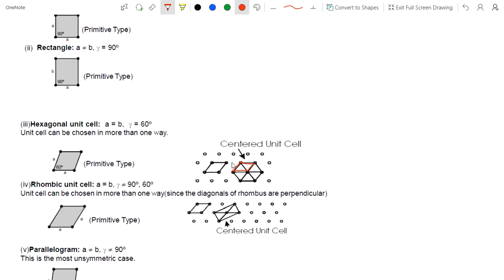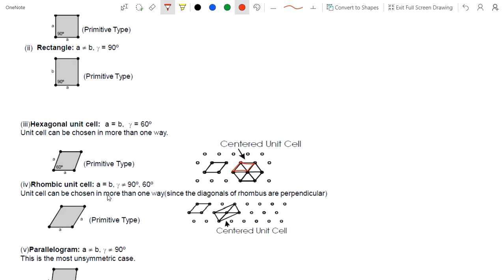So this particular unit cell that I have marked in red color, along with this unit cell and along with this unit cell, will form a hexagonal kind of a pattern. So that is why it is called hexagonal unit cell.